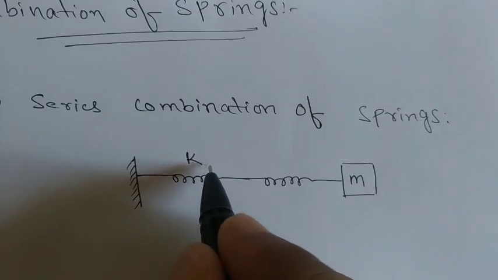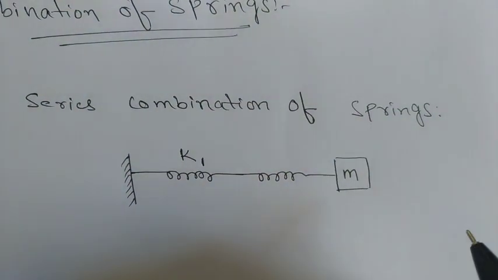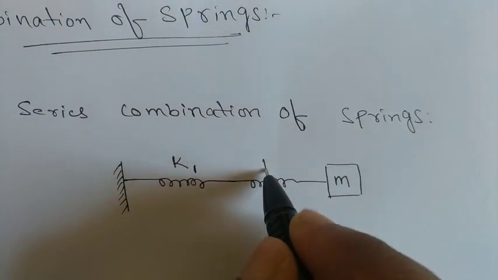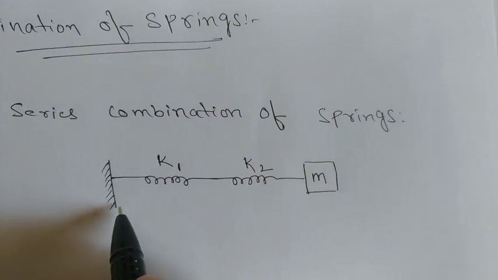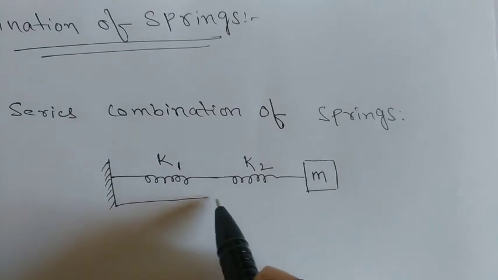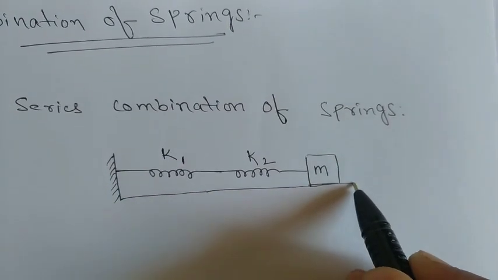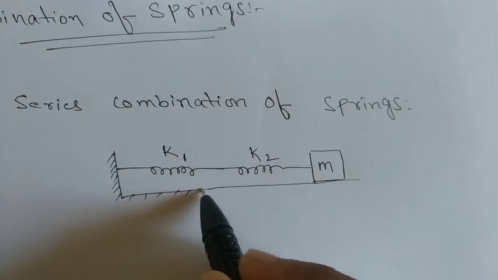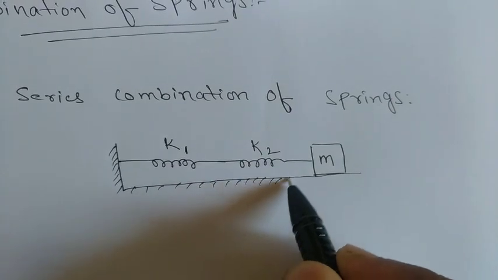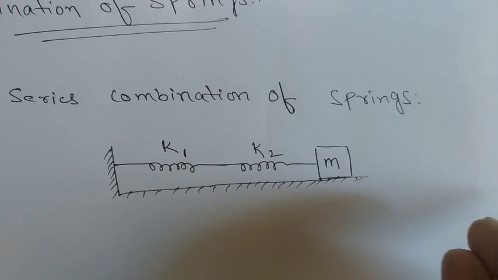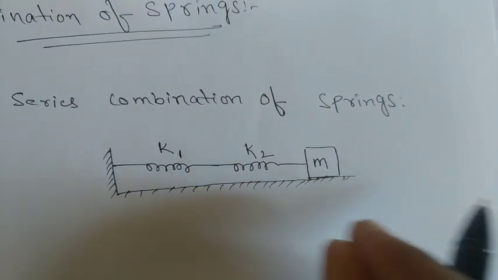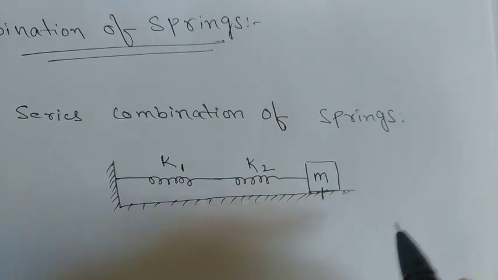The spring constant of the first spring is k1 and the second is k2, and the block is on a horizontal frictionless surface. Now pull this block m and release it, and it does oscillations about the mean point.